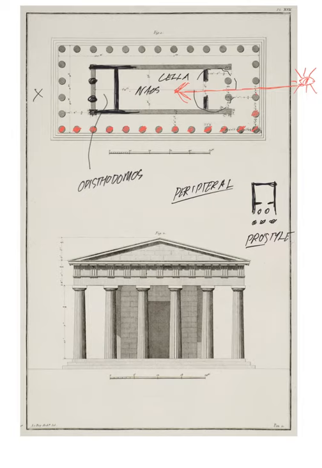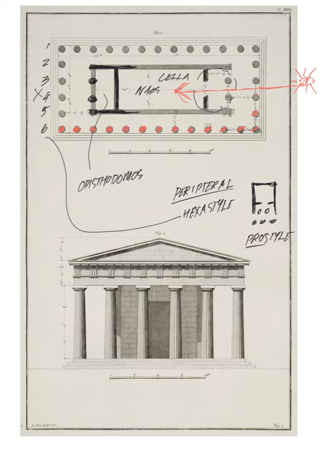Now, if we start counting, and we're going to do a lot of counting in the next while, you will see that there are 6 columns on the short side. And that we then call a hexastyle. So there are 2 things to consider when naming a temple.